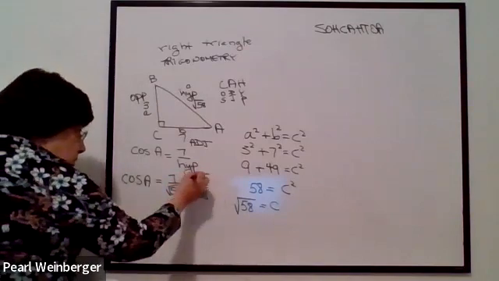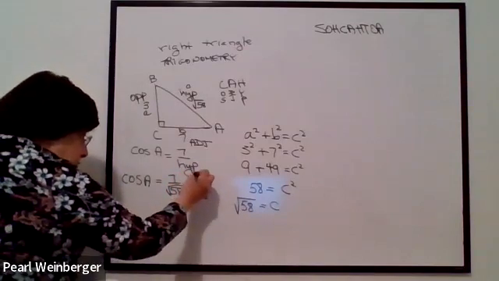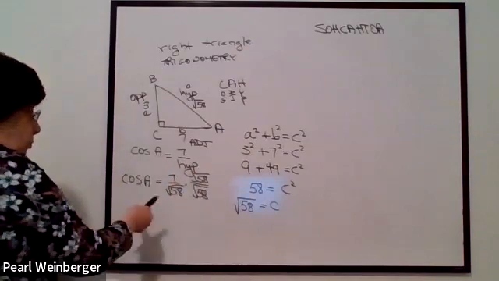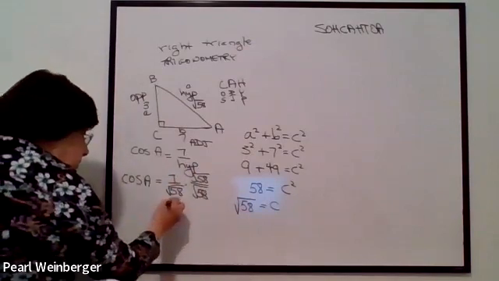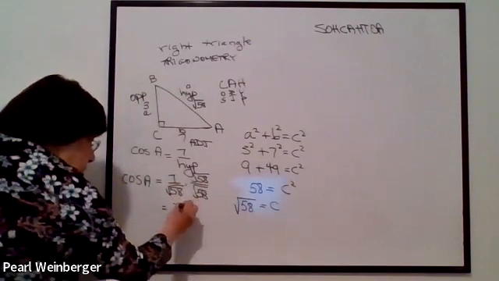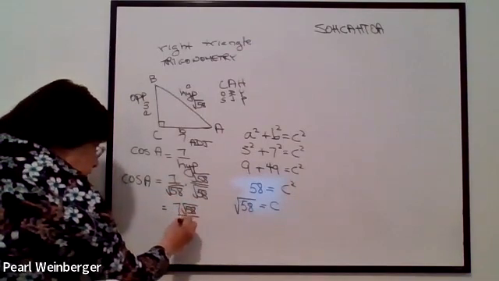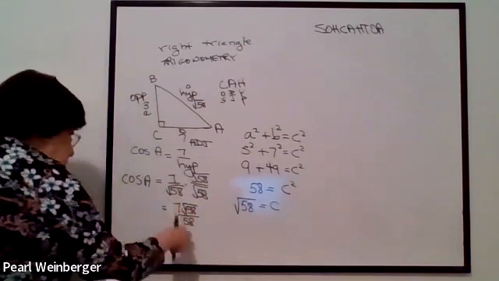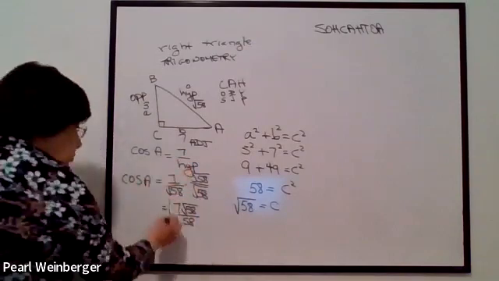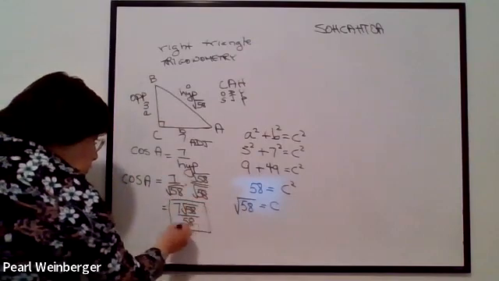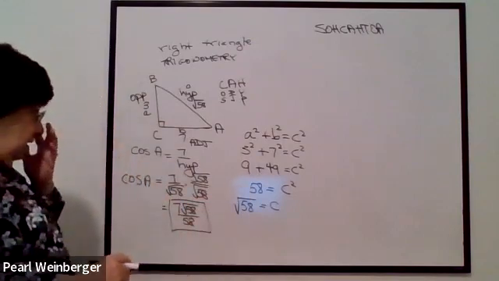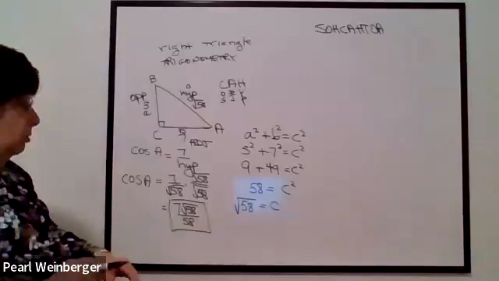And the numerator you multiply by the same thing because you don't want to change the value. So this comes out to be 7 radical 58 over 58. And this doesn't reduce anywhere, so this would be your answer. 7 radical 58 over 58.